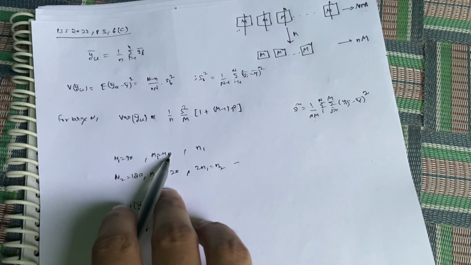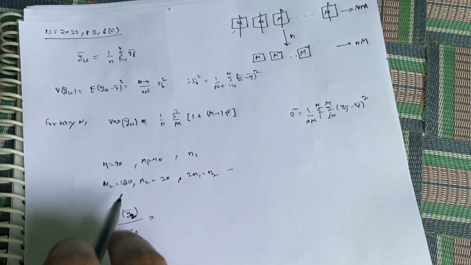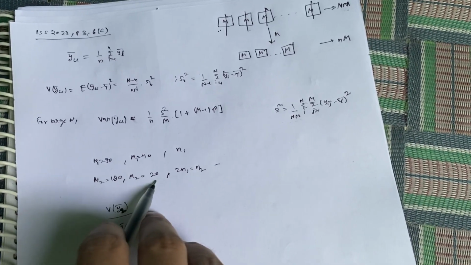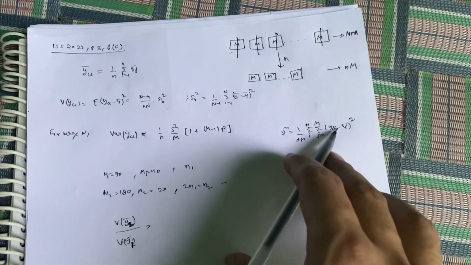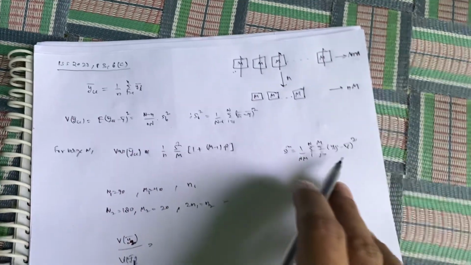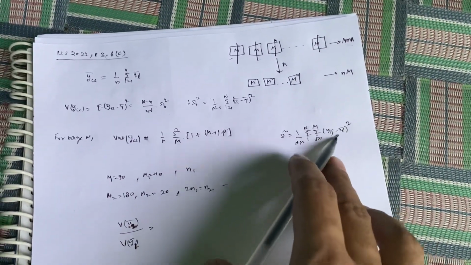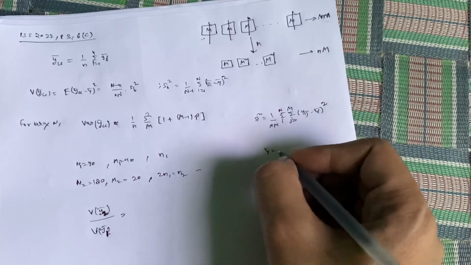See, 90 into 40 is 3600. Similarly 180 into 20 will be 3600. So this will be constant. And the yij for NM quantities will be the same. And what happened with the capital Y bar?